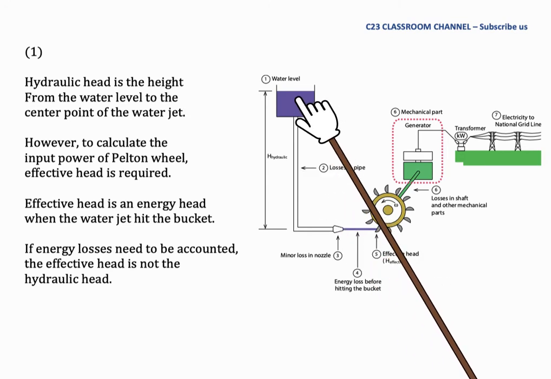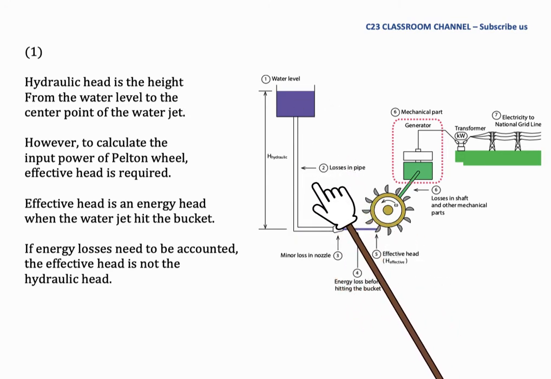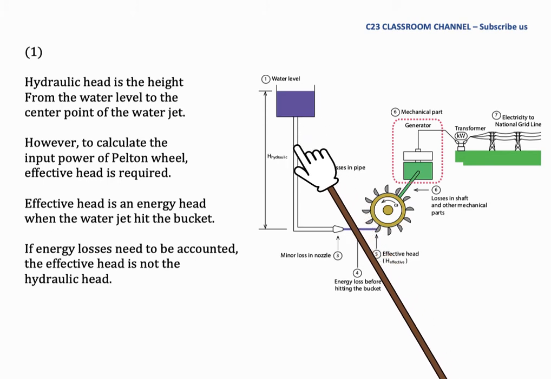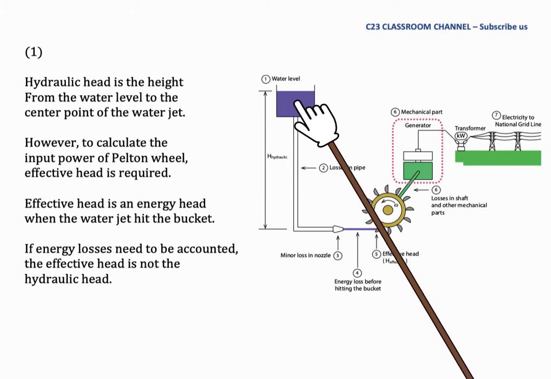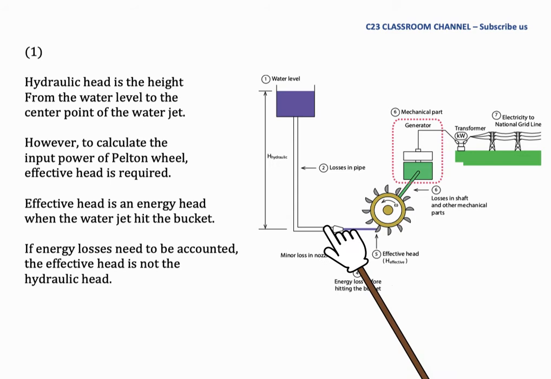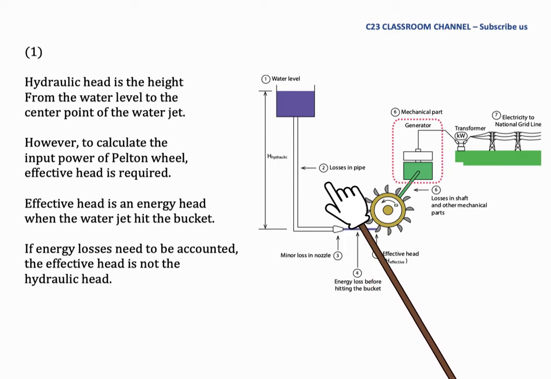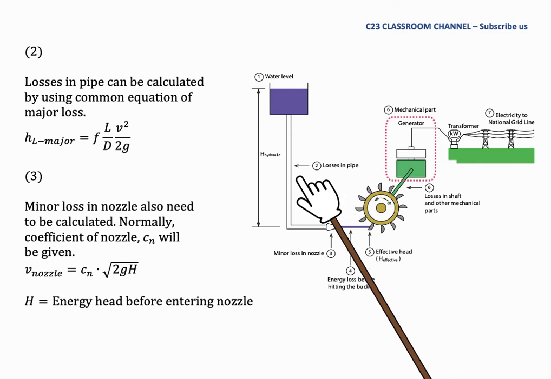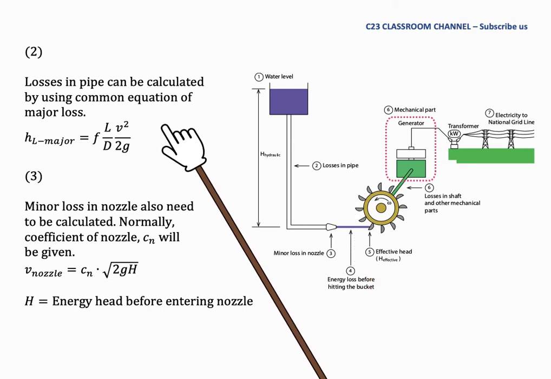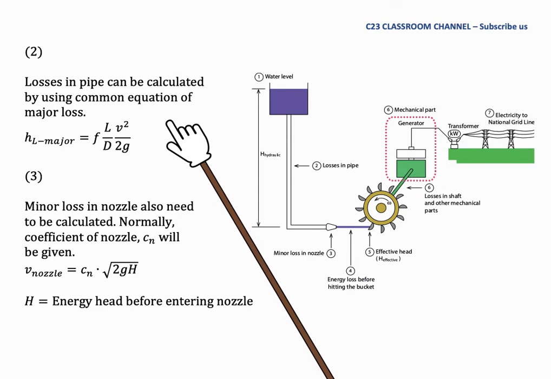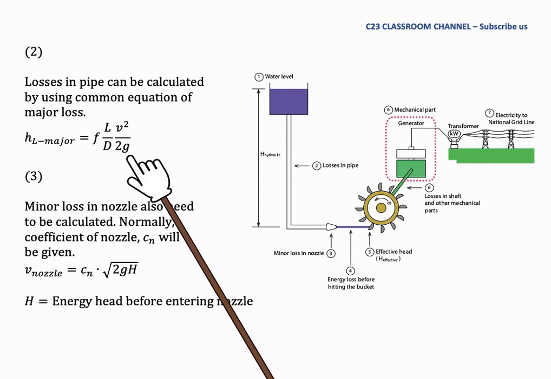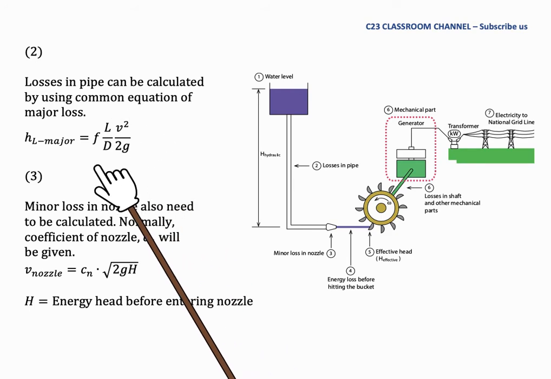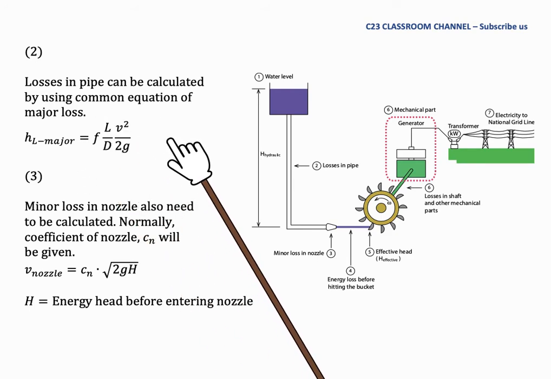If we look at the system, we have a pipe system from the water level in the water tank to the nozzle, and the losses in the pipe need to be calculated. Normally losses in pipe can be calculated using this equation, which you learned in Fluid Mechanics 1.